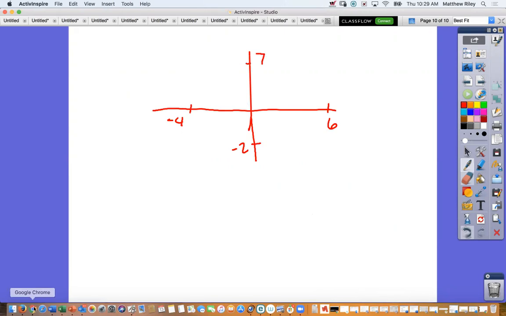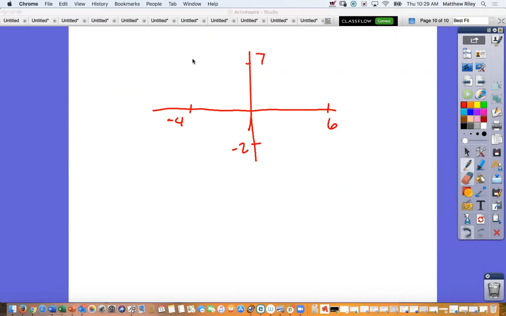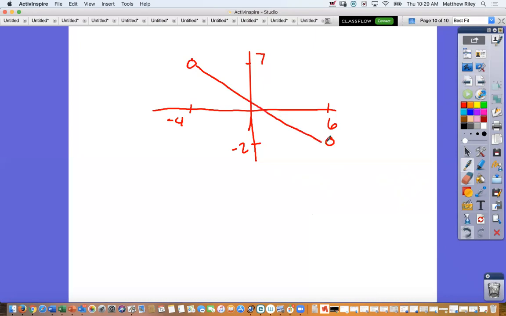And let's see what that looked like again. All right. So again, my domain, I'm going left to right. So really, you guys can see left is going to be -4 and the right is +6.